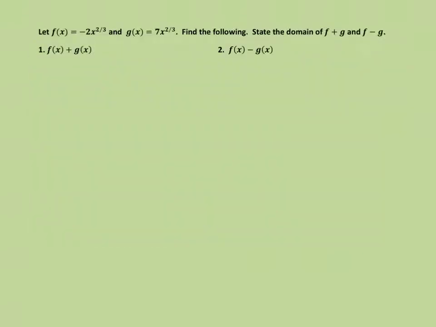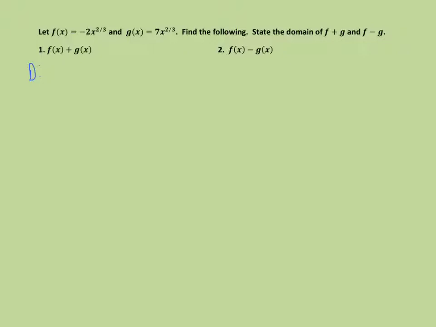So it says let f of x equal negative 2x to the 2/3 and g of x equal 7x to the 2/3. Find the following and state the domain. So they want us to add them and subtract them. Before we do that, domain. Well, what's the domain of the first one?